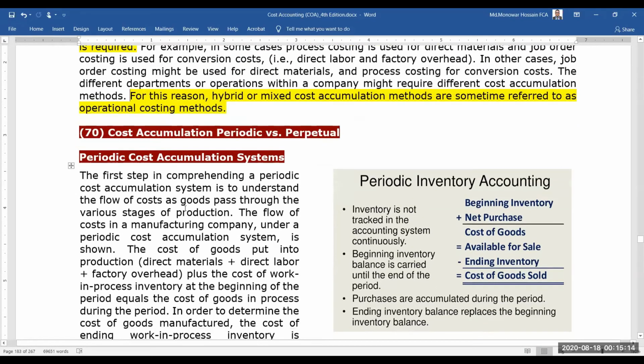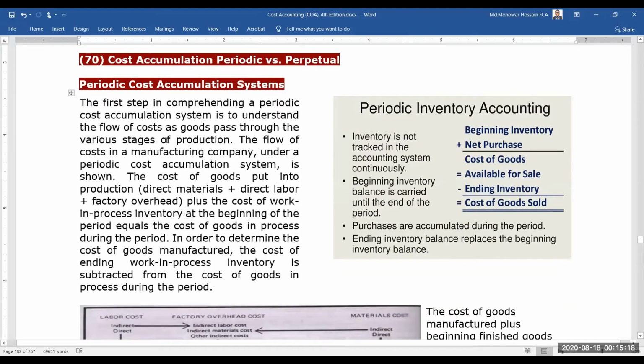Now, cost accumulation, periodic versus perpetual. Look here, periodic cost accumulation system. The first step in a periodic cost accumulation system is to understand the flow of cost of goods passed through the various stages of production.